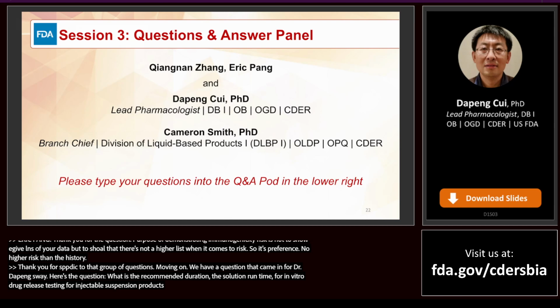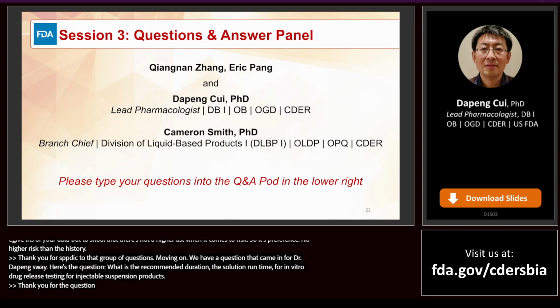Thank you for the question. Sorry, I was on mute. So the short answer is that there is no fixed duration for the recommended IVRT testing for all injectable suspension products.